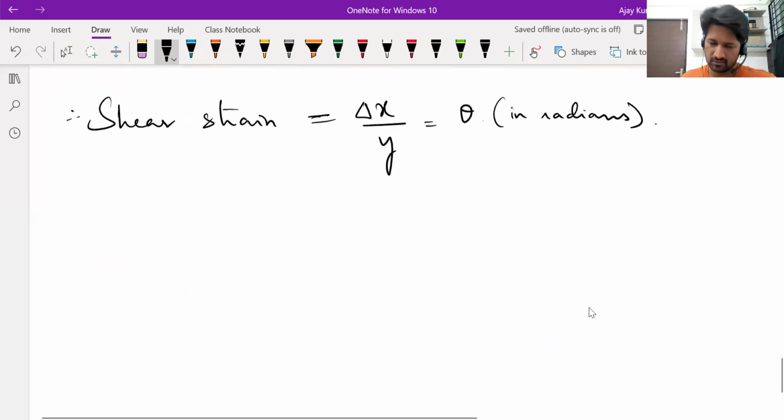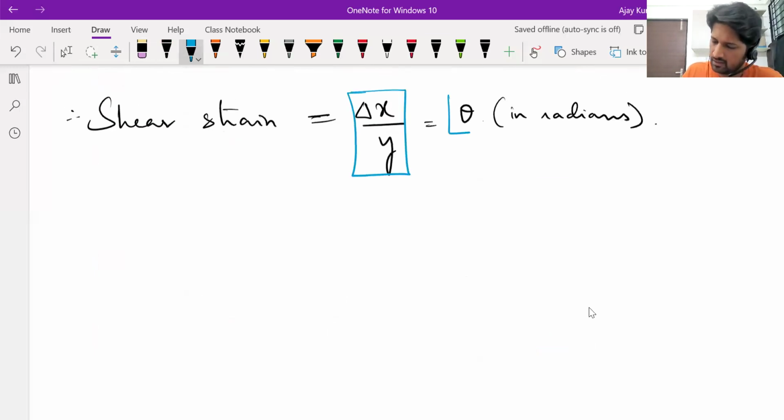Okay. Simply written, it is expressed this way: delta x divided by y, or directly theta. That is the general formula for shear strain. Delta x is the relative displacement between two layers. Y is the separation between the layers. Now, between every kind of stress and the kind of strain produced, there will be a proportionality constant. Stress is proportional to strain.